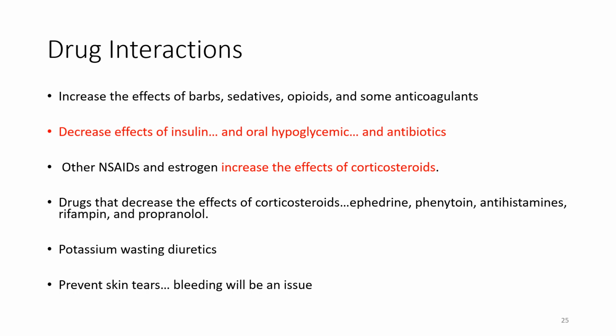So if they're taking that diuretic for whatever reason in conjunction with a steroid, maybe prednisone or cortisone or whatever, it increases that potassium excretion. Okay, so if we excrete too much potassium, think about what that's going to affect. If we're hypokalemic and we don't have enough potassium, then what happens?